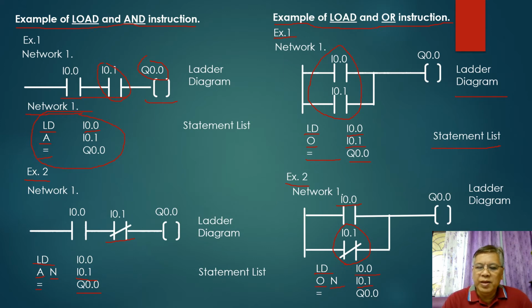Then we have equals Q0.0. That is how to make the statement list equivalent of this particular ladder diagram with a normally closed contact in parallel with your input I0.0.